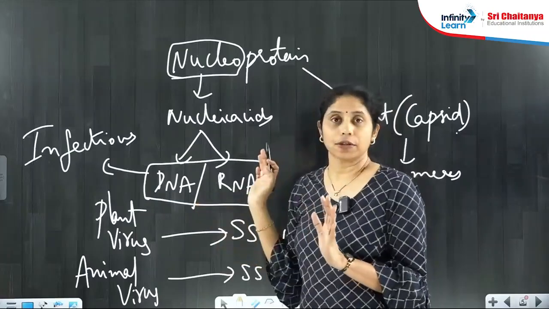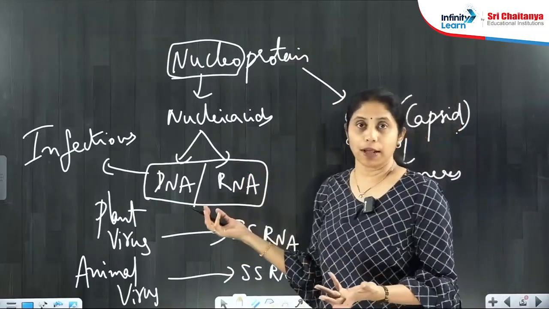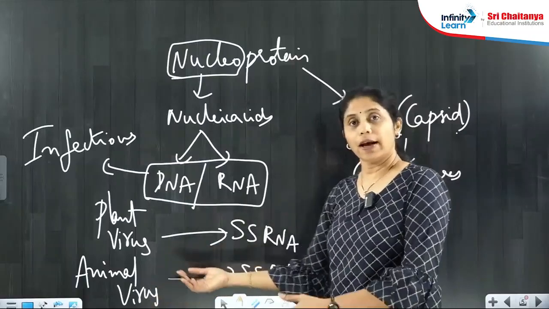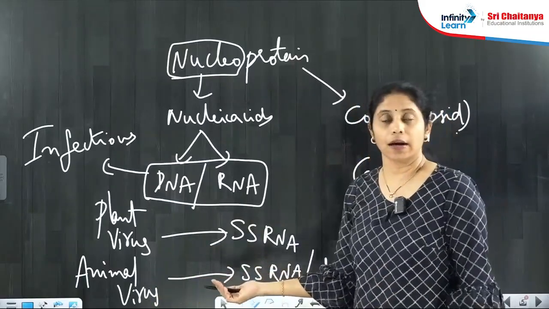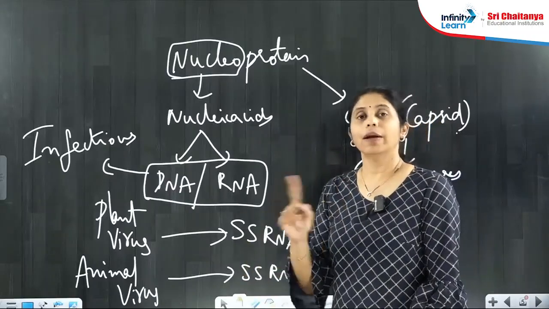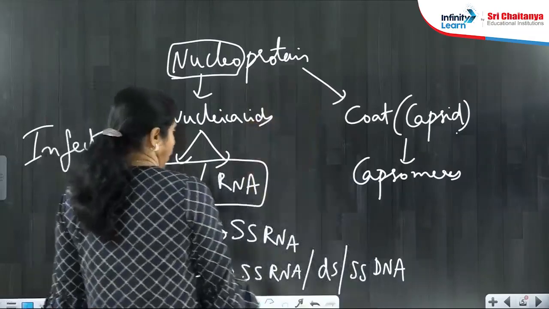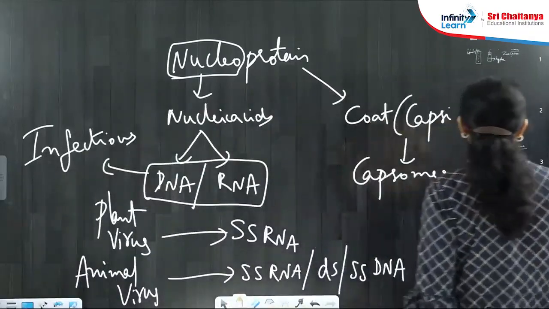Plant viruses generally have single stranded RNA as genetic material, but animal viruses can have single stranded RNA, double stranded DNA or single stranded DNA, any one, never both.